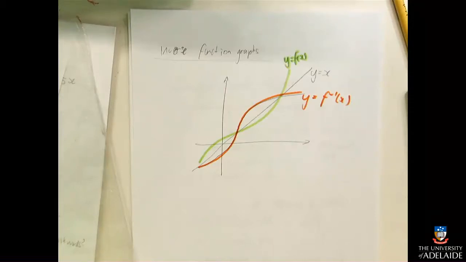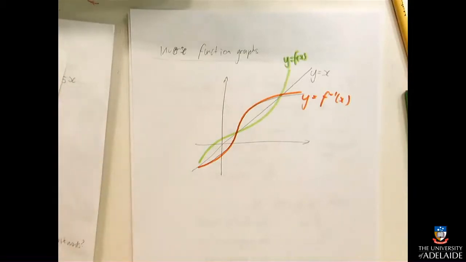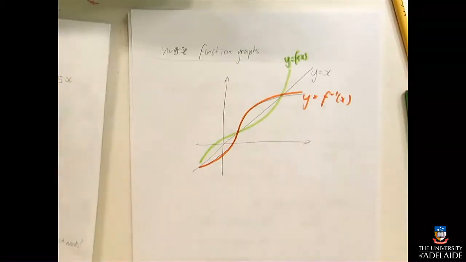There you go. That's how to draw. Plastic sleeves are wonderful. You need a whiteboard marker for it to work properly. So that is what the graph of an inverse function will look like.